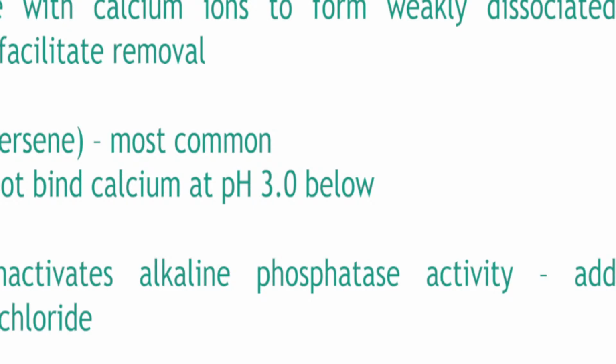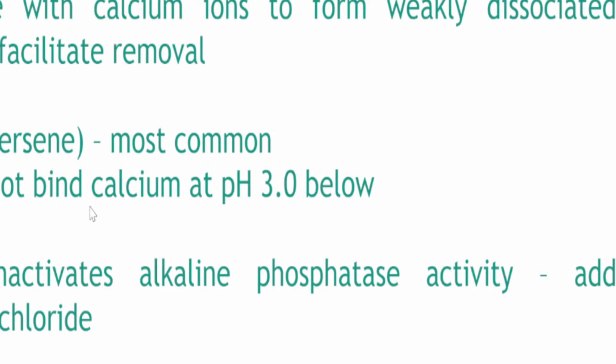But usually, the most important thing that you need to remember is that EDTA is used, particularly the brand name Versene. Versene is the most common. It will not bind to calcium at pH below 3.0, which basically means you've oversaturated your sample with an acid.